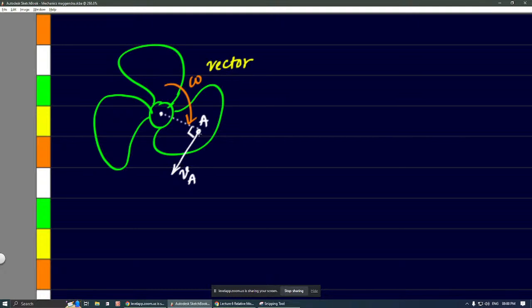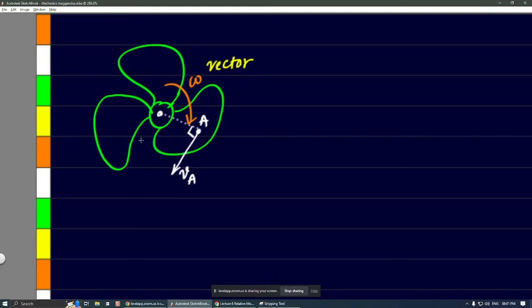We can't say that, because when the point comes here, its direction will again change. If the point is here, the direction will be different. So the direction of omega will be perpendicular to the plane in which I am drawing. So it will be either towards us or away from us.